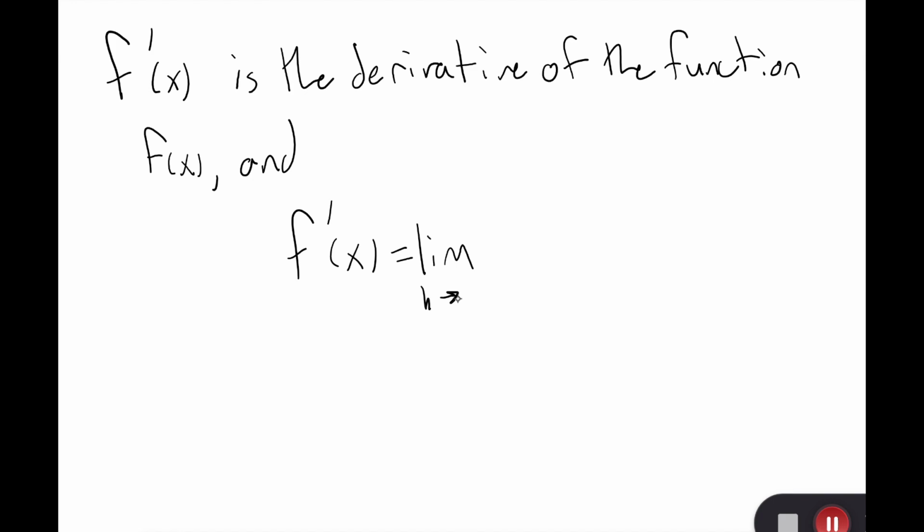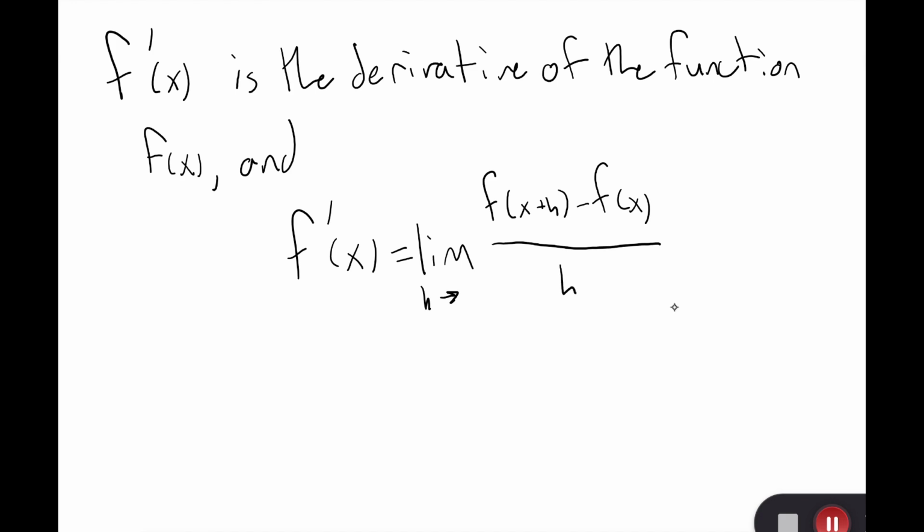But when we're finding generic derivative functions using limits, the better version to use, which will allow us to more easily evaluate the limits, is the limit as h goes to 0 of f of x plus h minus f of x over h.